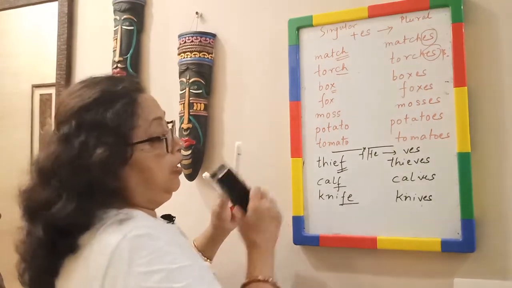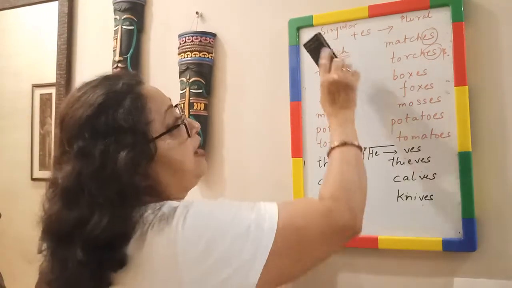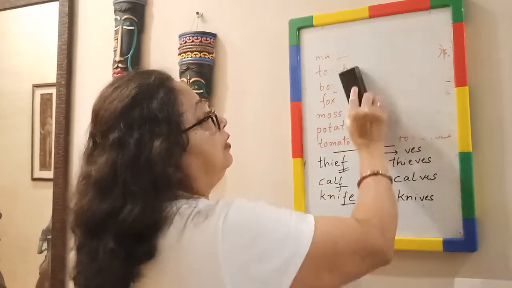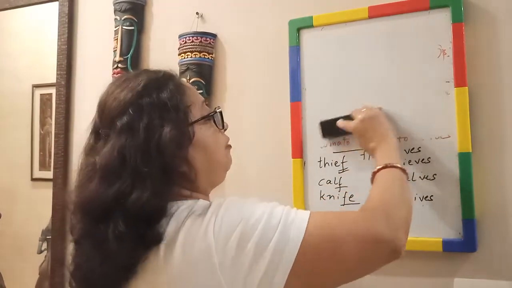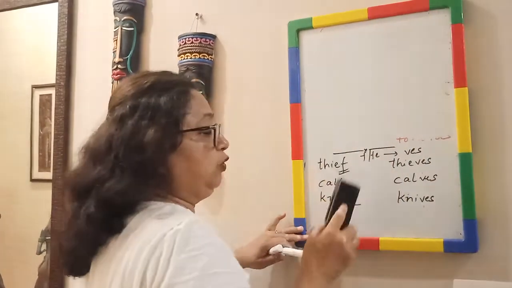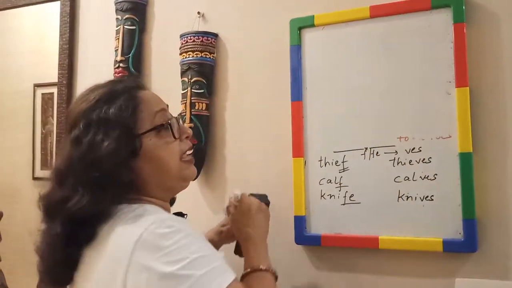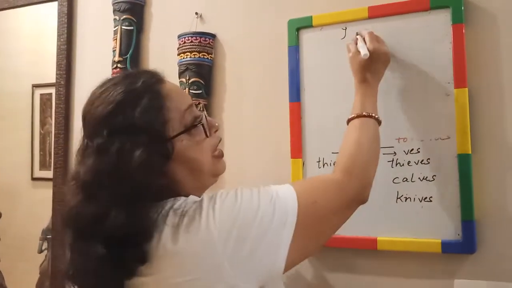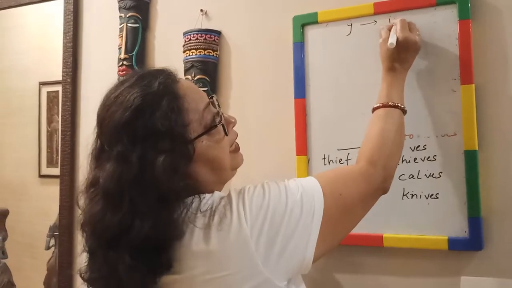Achha, next there is no space, so I'm rubbing this one. Don't worry, when you open your grammar book, or if you just watch my video, you will remember, nothing to worry. And the next one is that if there is Y at the end of a singular word, it will change to IES.